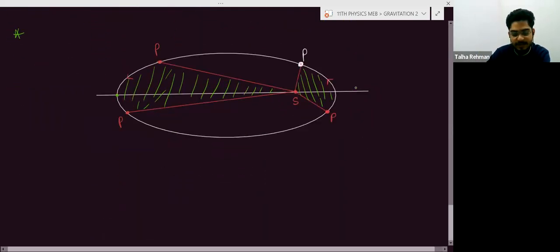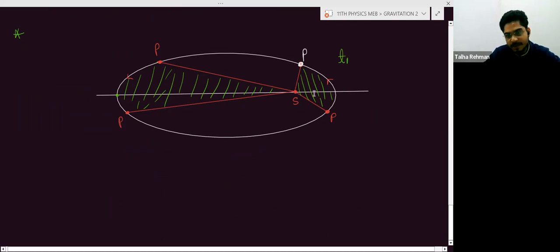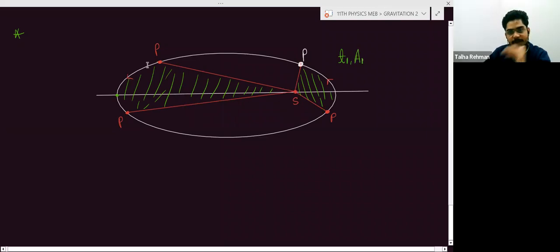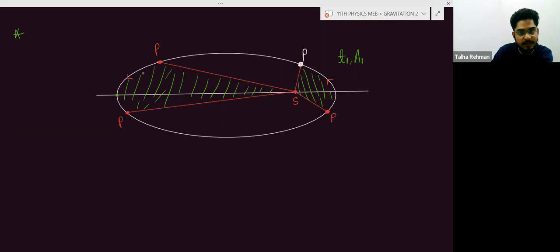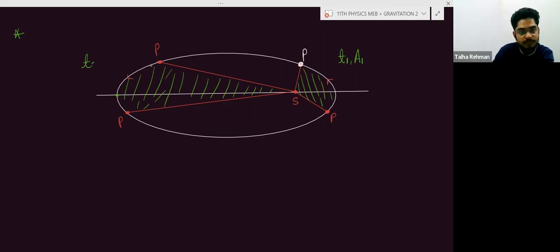Now I will say that in time t1, the area swept by this planet will be, suppose, a1. Now for this planet, in moving from here to here, it is taking time t2, and the area swept is a2.